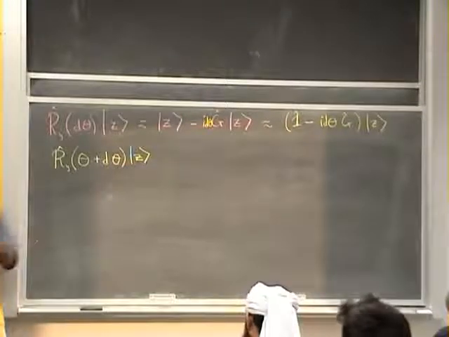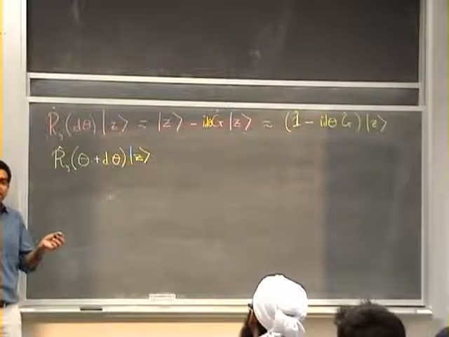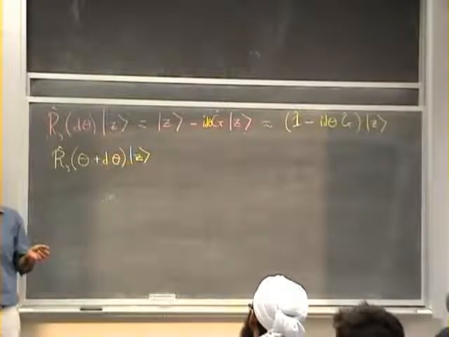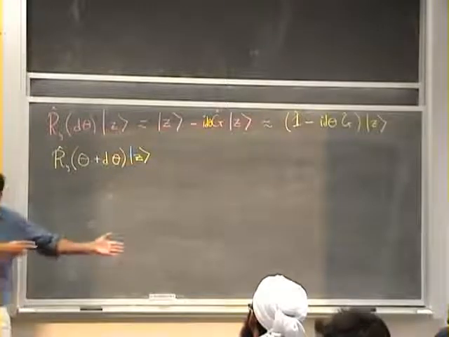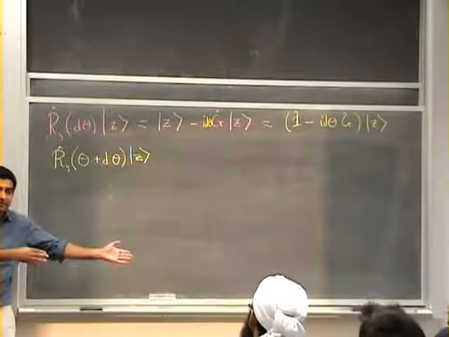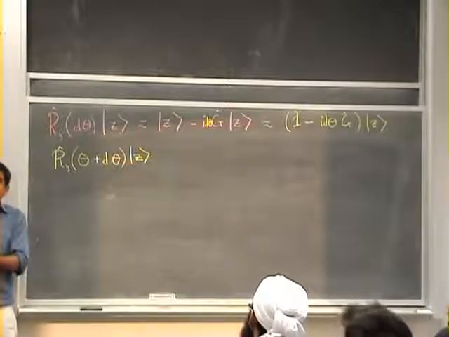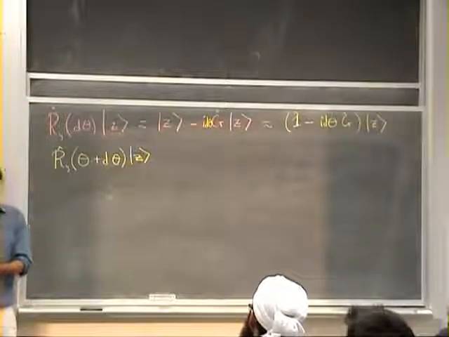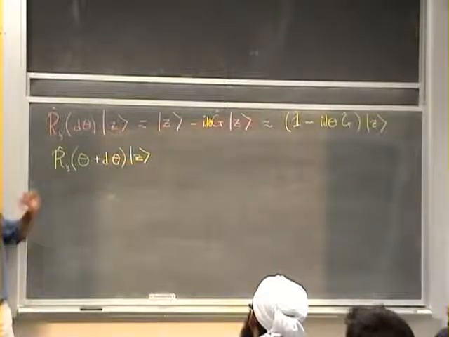Now, if my axis of rotation is the y-axis, and I rotate through d theta, and then I rotate through theta, I can do this rotation in any order, because my axis of rotation is still y. I can first do the rotation through d theta, and then do the rotation through theta. The order doesn't matter, because I am not changing the axis of rotation.